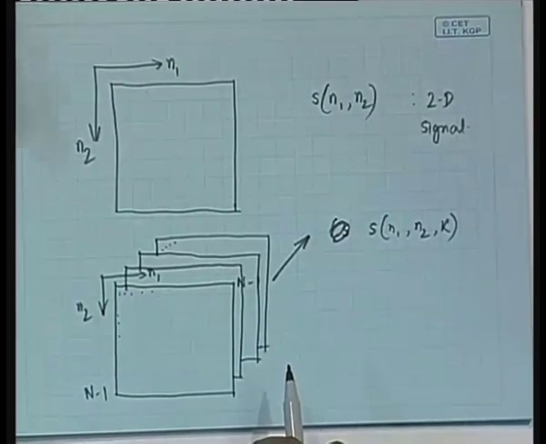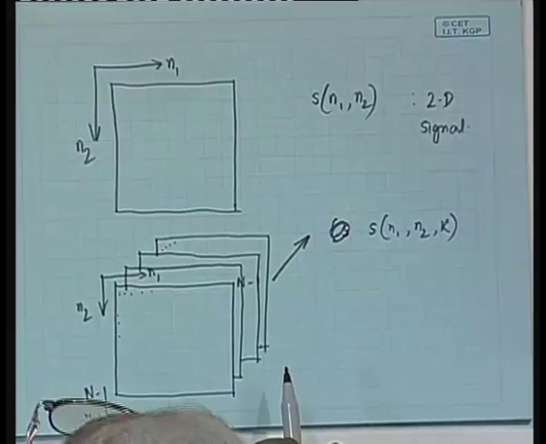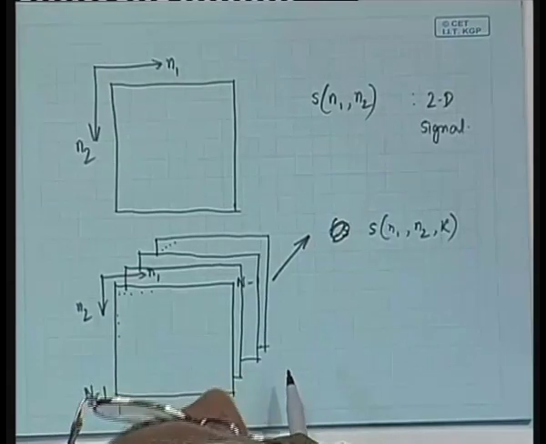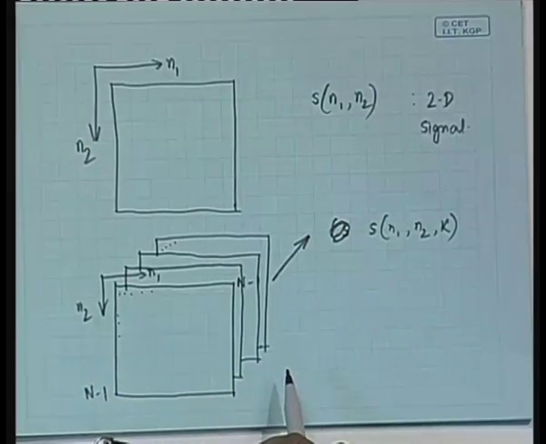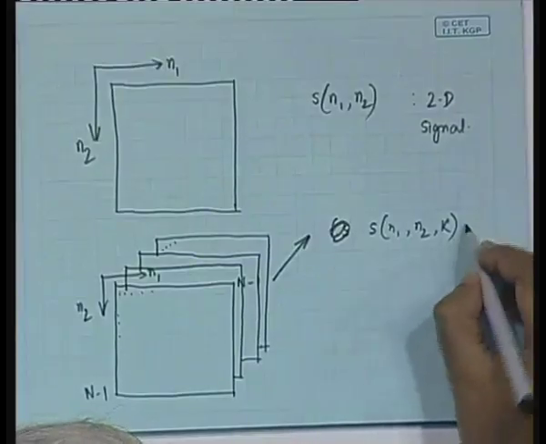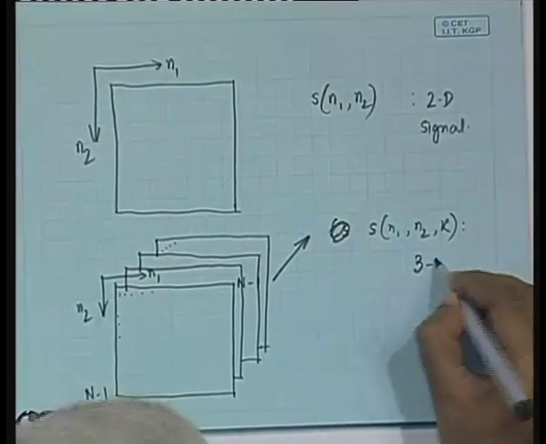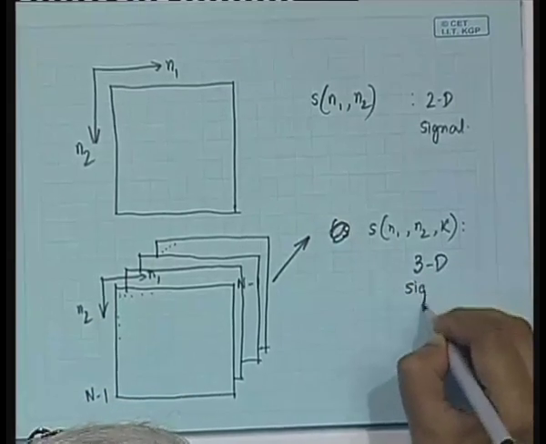Time is also discretized because we are not continuously representing the video waveform, but the video waveform is sampled at some snapshot. Every snapshot of the continuous waveform is what we call a frame in the video sequence. So it is essentially treated as a 3-dimensional signal.